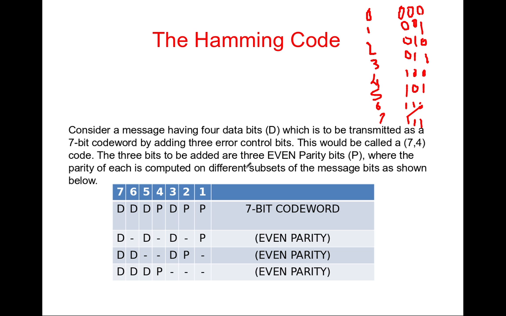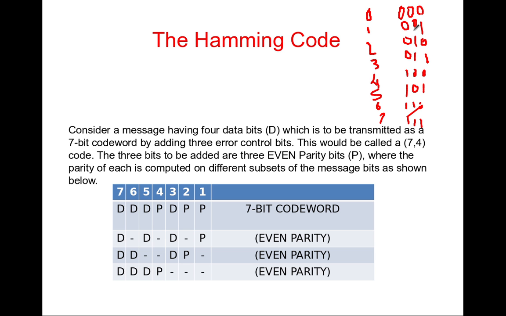Now based on the positions of 1, 2 and 4, what are the bits? For example, let us say the first data bit is 3. So what is 3? It is 0 1 1. So if you see, now consider 1, this is only 1. In the case of parity bit 1, it will be considered in all the data bit positions where the 1 bit is set.